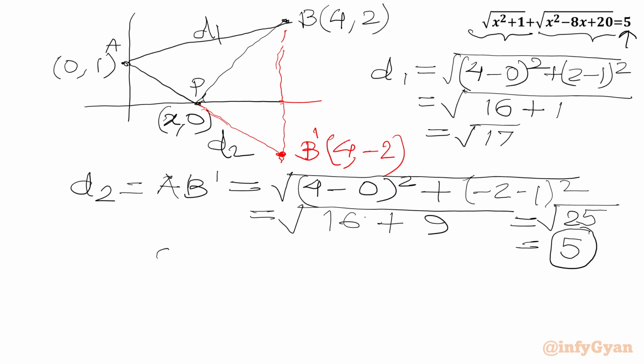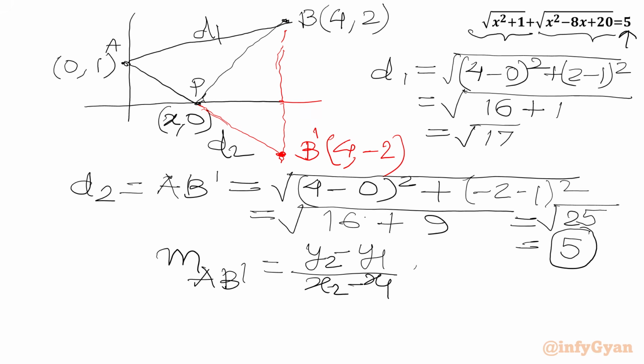We will find the slope of AB prime. Slope would be y2 minus y1 over x2 minus x1, which is minus 2 minus 1, so minus sign will be there, over x2 minus x1, 4 minus 0. We will get slope equal to minus 3 over 4.